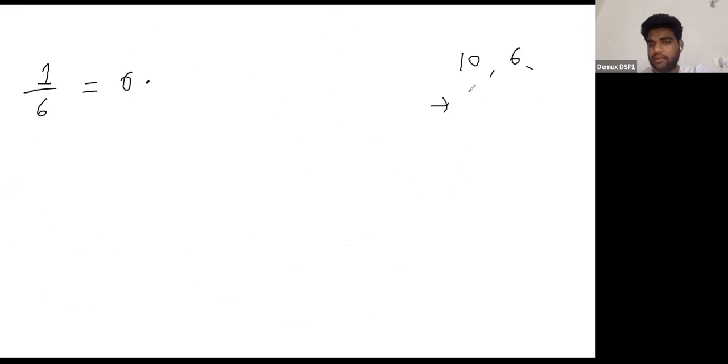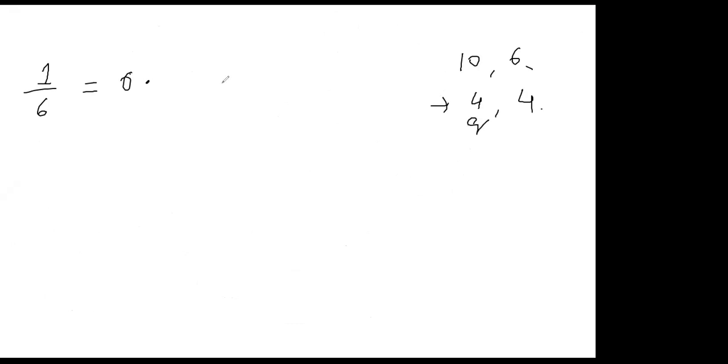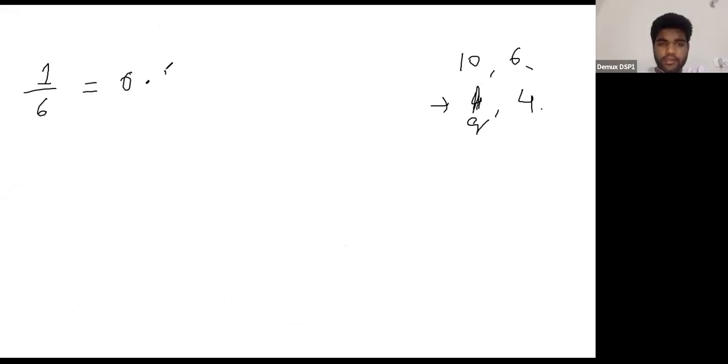And you get a quotient of 1 and a remainder of 4, right? So you put this quotient 1 here, which is fine. And now this remainder 4 you have seen. So let's say you mark it as visited, or you mark the corresponding index, which is 2.